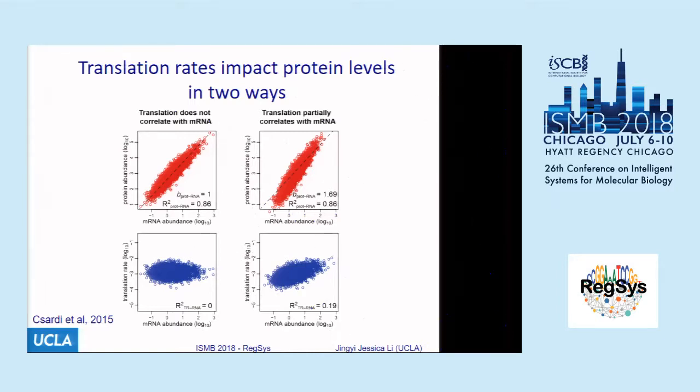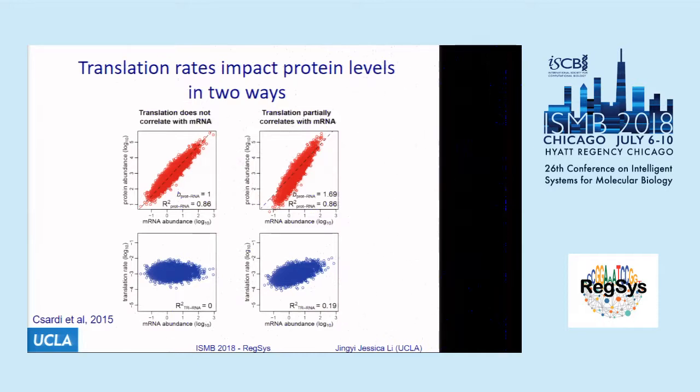This is a toy example showing that in our previous hypothesis, we assume translation rates and mRNA abundance are uncorrelated. Therefore, if we look at protein abundance versus mRNA abundance, the scatter is explained by translation rate, but the slope should be approximately 1. So translation rate just adds to the scatter.